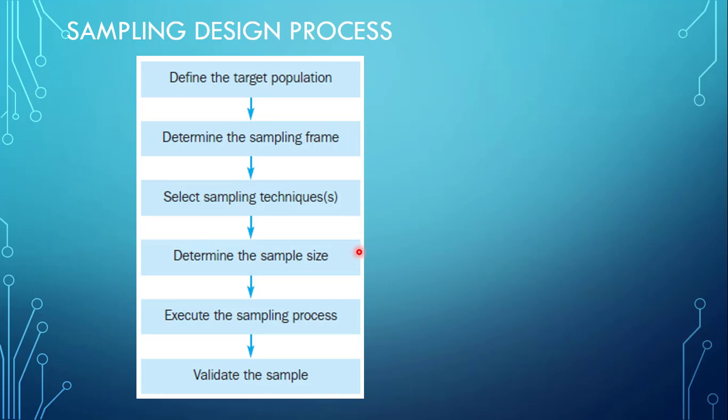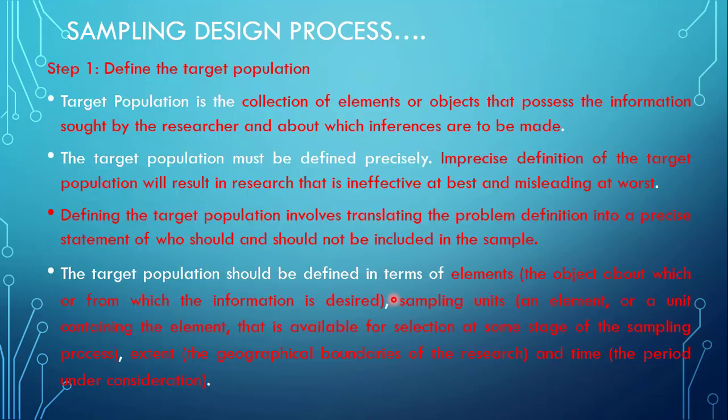The last stage is validating the sample, a controlling stage, where you check whether the samples are appropriate or not. So these are the 6 steps. Let's discuss each step one by one.